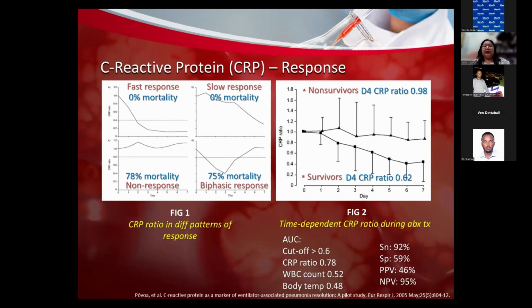A CRP ratio is thus noted to be a marker of poorer outcome if it remains high in patients, especially for non-responders and biphasic responders.